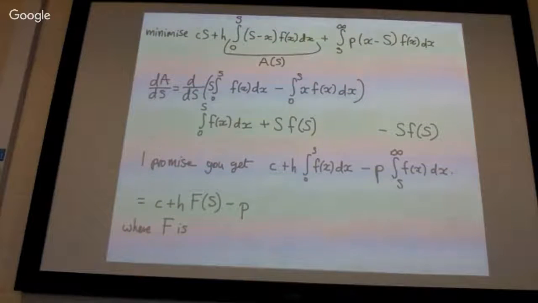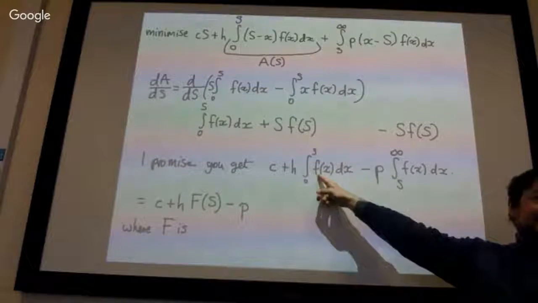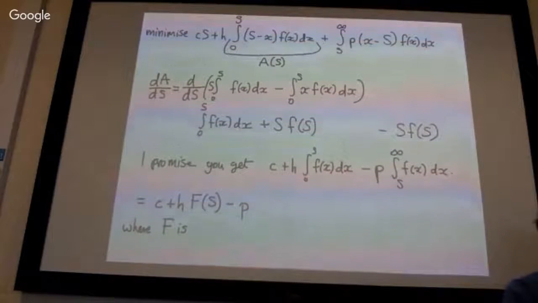Now the answer of that is really dependent on what this little f is. And what this little f is just above here. It says probability density of the demand. What's the capital F called?